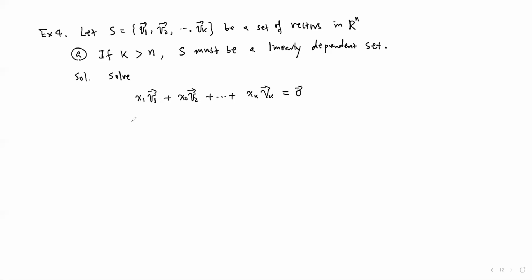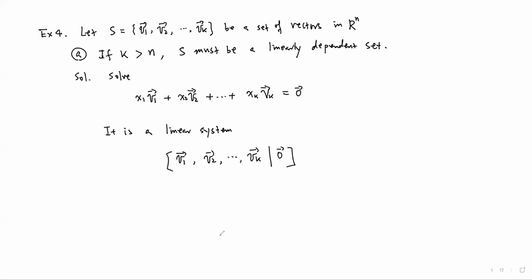But this equation actually is a linear system, whose augmented matrix is V1, V2, to Vk, and then the right hand side.